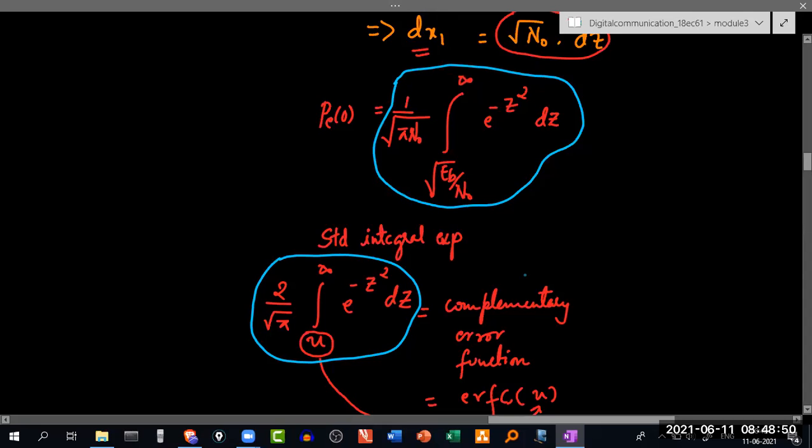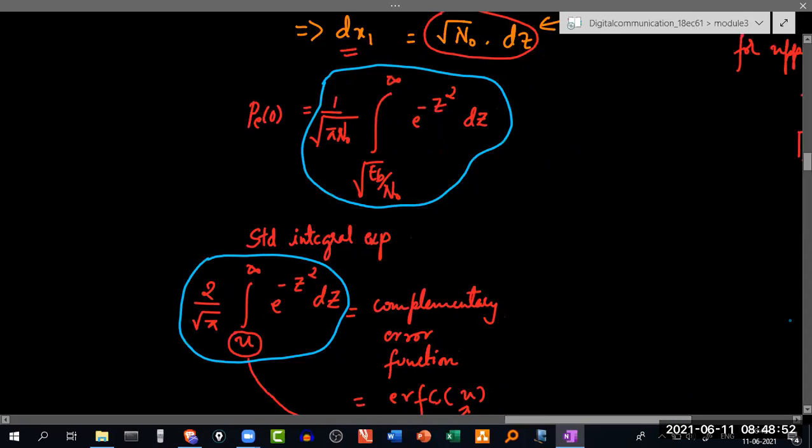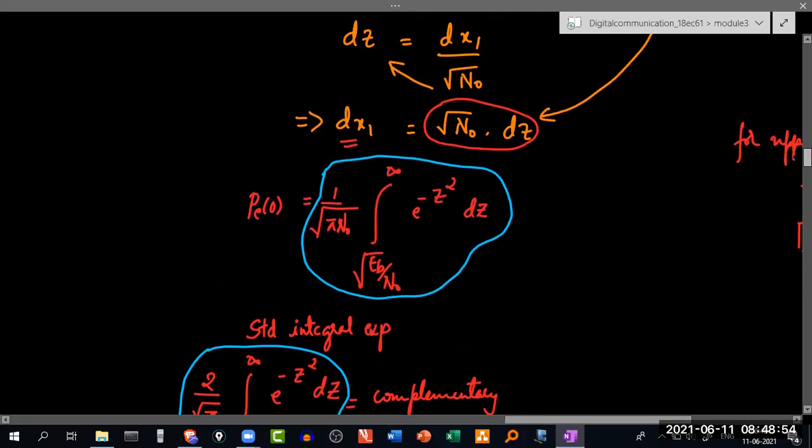So before I do that, here I have skipped a step. So that step is this dx1 is equal to square root of n naught into dz. So here I have missed that n naught.